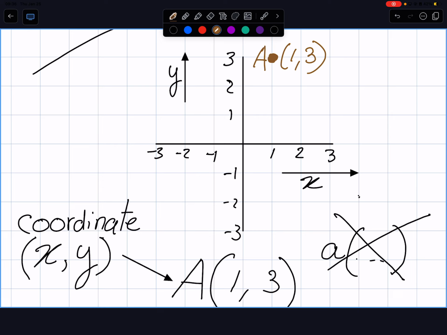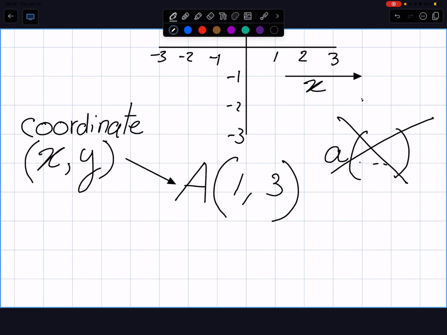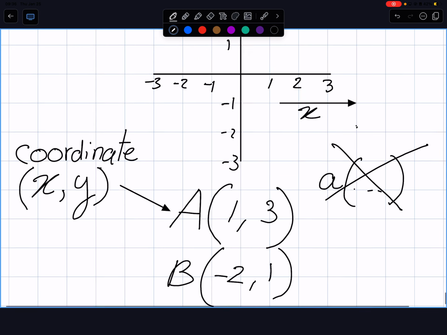That is a coordinate. They can have whatever number they want. So I can say B is (-2, 1).